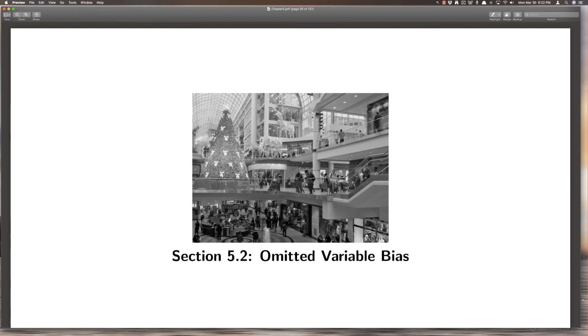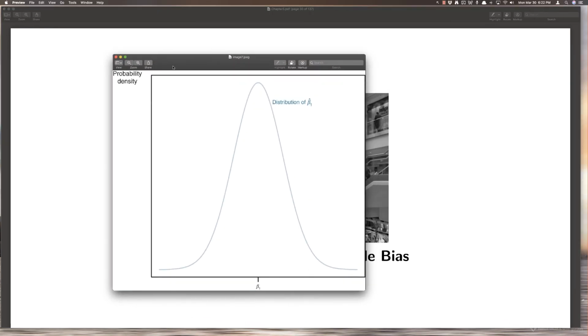In other words, when this picture is not correct, and instead maybe our true beta 1 is over here, and the mean of the distribution is here. This is the mean, the expectation of this distribution. What problems does that cause us? And we'll be able to say that very precisely now, because we will have all the machinery we need to talk about that. All right, that's it for the first screencast.